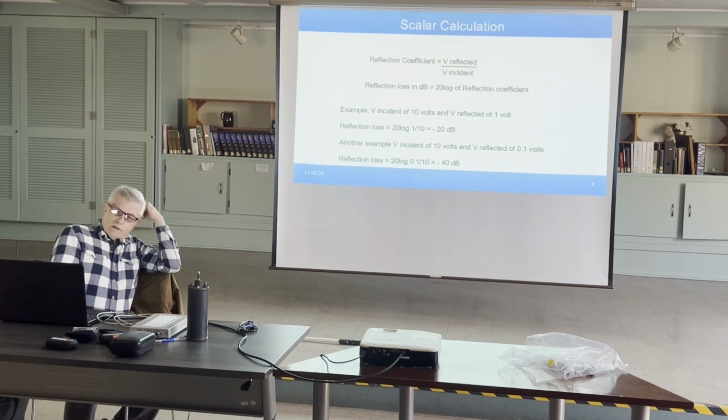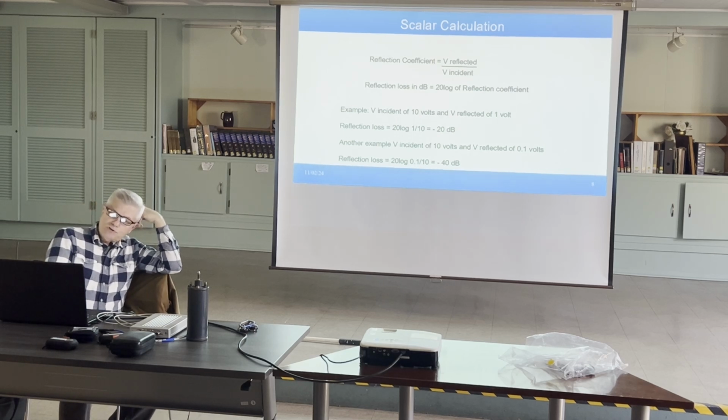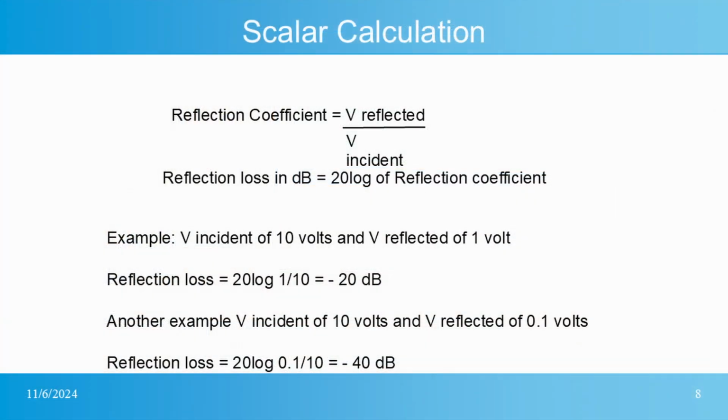So a little bit about calculations here. On a scalar calculation, we all remember from the rules and things that we had to learn for getting our ham tickets, reflection coefficient is basically a voltage, and we deal in voltages, reflected divided by the incident.